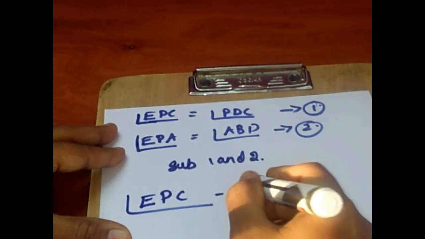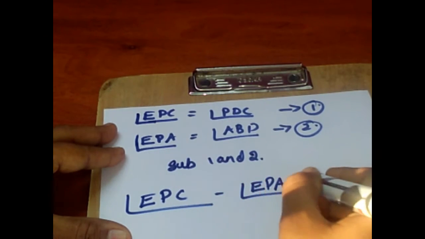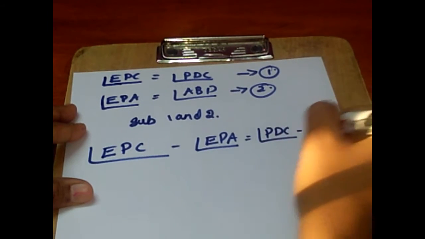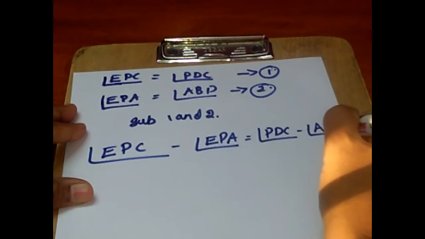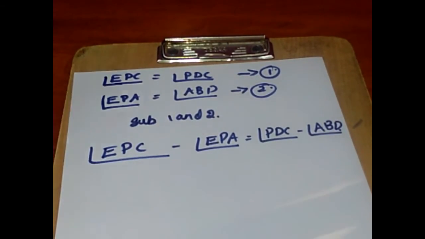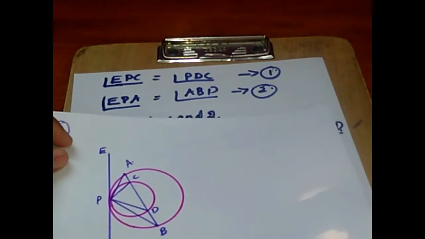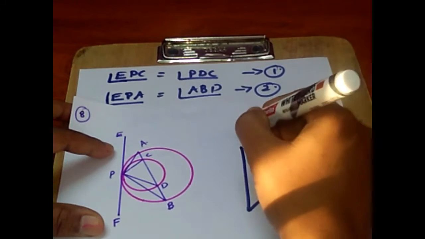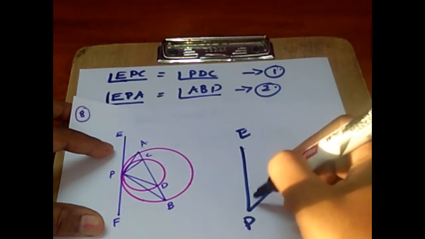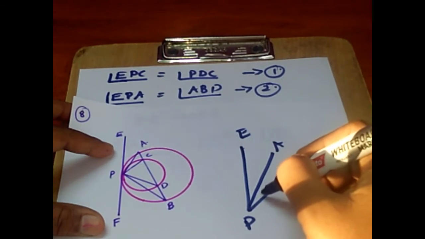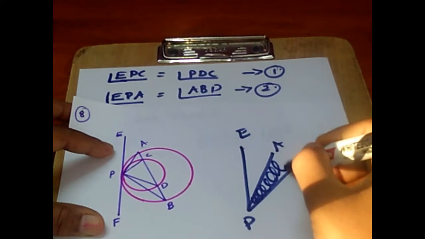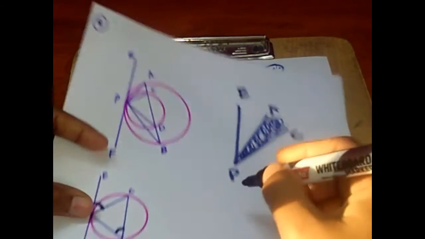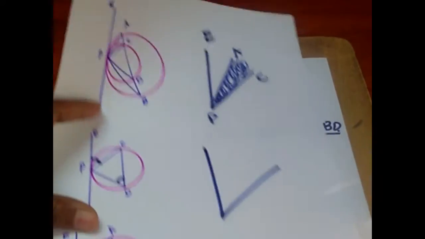Angle EPC minus angle EPA is equal to angle PDC minus angle ABP. Now let us move on to the diagram to find out what EPC minus EPA is. Here we have the angle EPC, and this is the angle EPA.